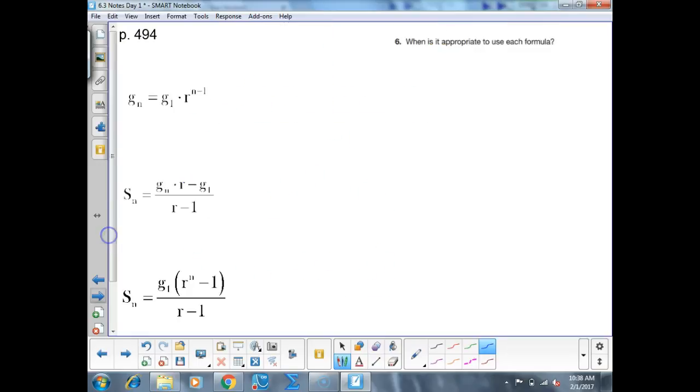Now, if you skip ahead to page 494, we're going to talk about those 3 geometric formulas that we now have. The first one is the explicit formula.